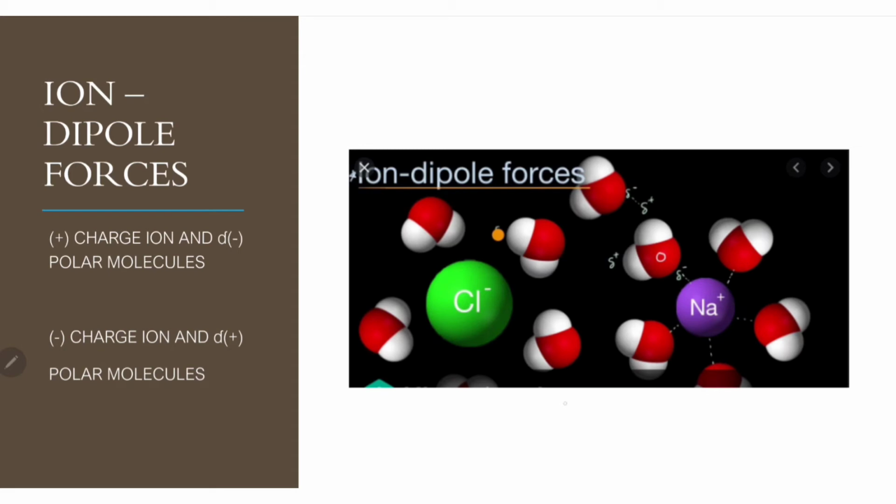For example, when we dissolve Na+Cl-, an ionic compound, the positive ion of sodium will face the oxygen with the higher electron cloud, and the negatively charged ion Cl- will face the H with slightly positive charge, the positive pole of the H2O. This we call ion-dipole forces.